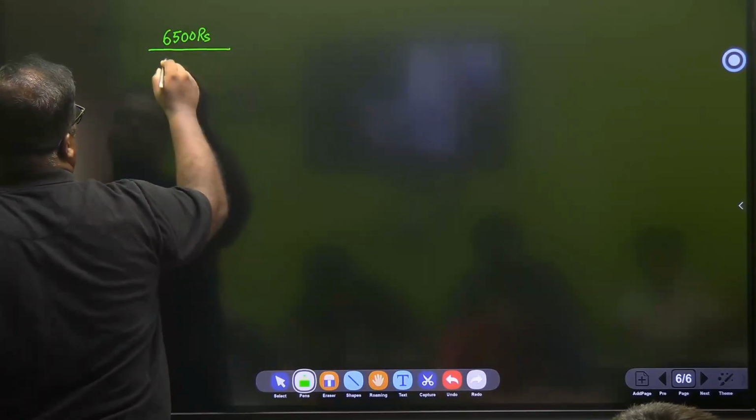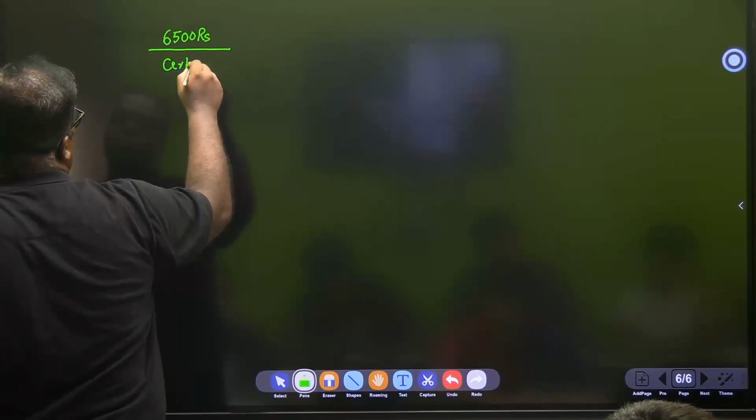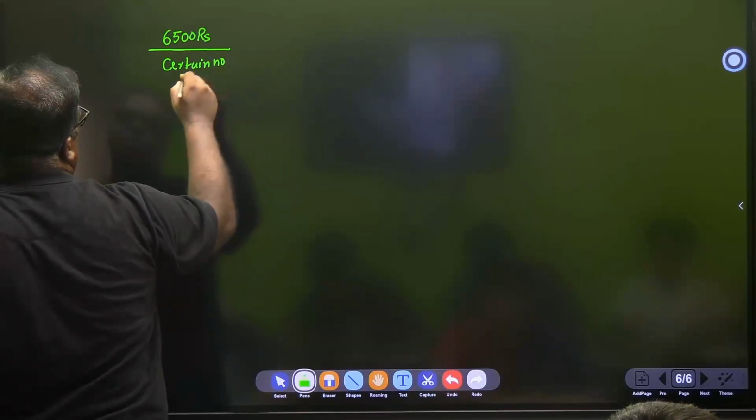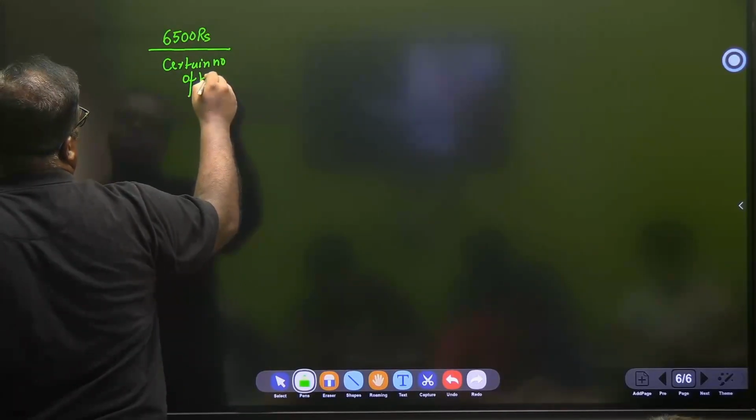Okay. One more. Interesting problem. 6,500 rupees were divided equally among a certain number of people. 6,500 rupees was divided amongst certain number of people. Certain number of people. Okay?